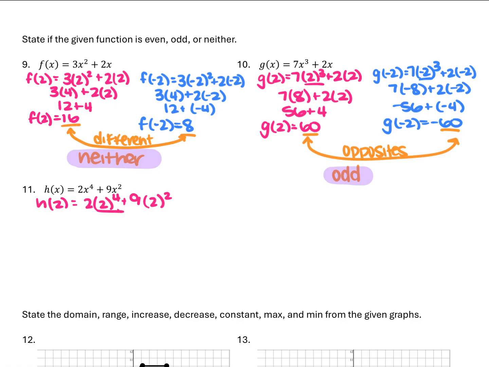Your 2 to the 4th power is going to be 16, so that'll be 2 times 16 plus 9 times 2 to the 2nd power. Your 2nd power on the 2 is also 4, so 2 times 16 plus 9 times 4. Your 2 times 16 is 32. Your 9 times 4 is 36. You're going to add these to get 68 for your h of 2.